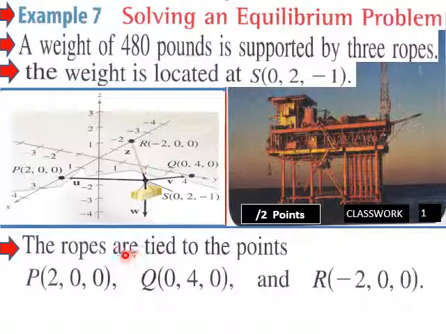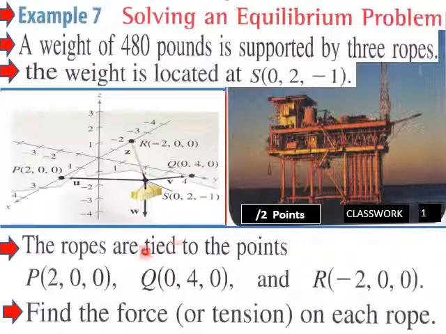The ropes are tied to the points P out here, and then Q would be out here, 0, 4, 0, and then R would be -2, 0, 0 here. So you have 3 ropes here. Find the force or tension on each rope.